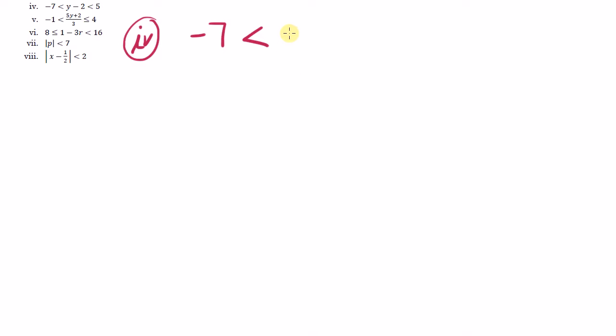Okay, this is a double inequality. Basically, everything in between these two inequality signs has to be true for y. If I plug in a y, whatever this comes out to be has to be in between these two values: greater than negative 7 and less than 5.